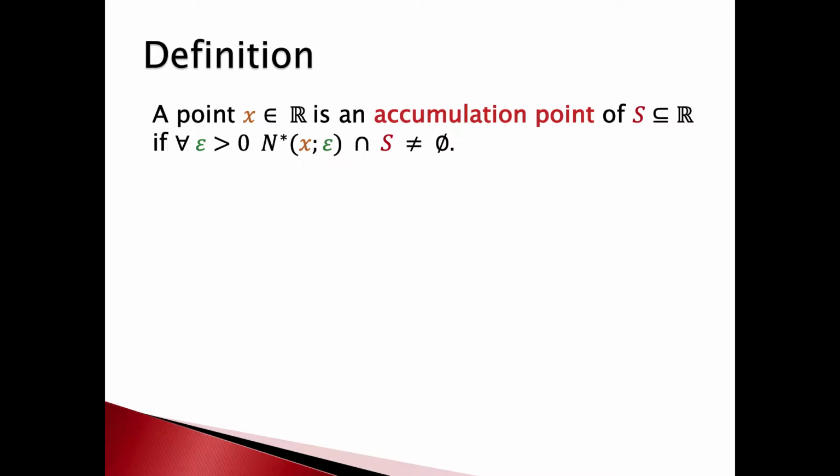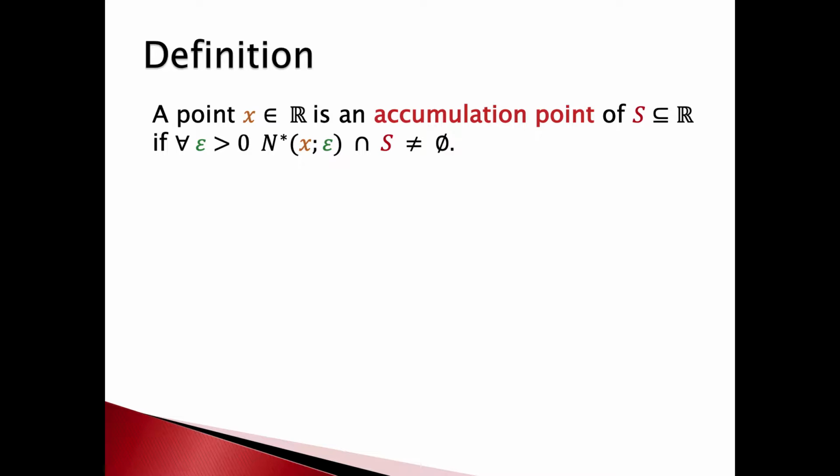Accumulation points is a similar-sounding name: things are headed somewhere, piling up somewhere, accumulating somewhere. So a point x is an accumulation point for the set S if for every epsilon, the deleted neighborhood around x of radius epsilon intersected with S isn't empty. So there's something in that deleted neighborhood.